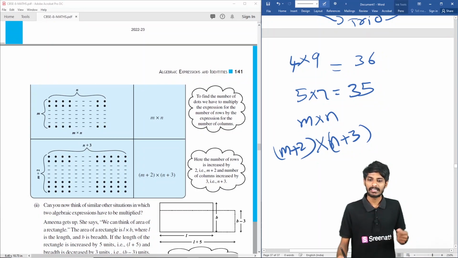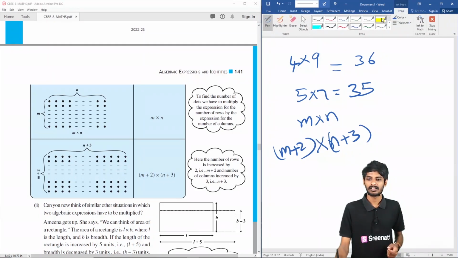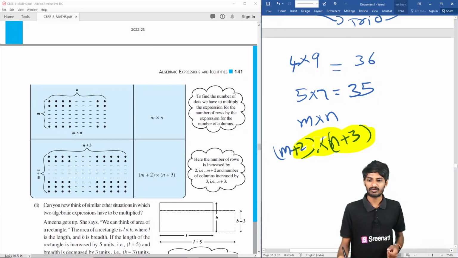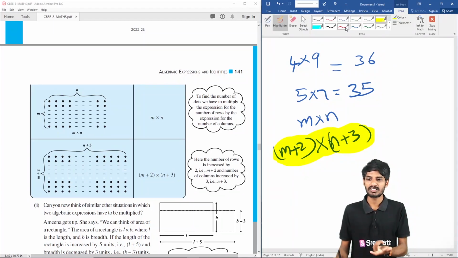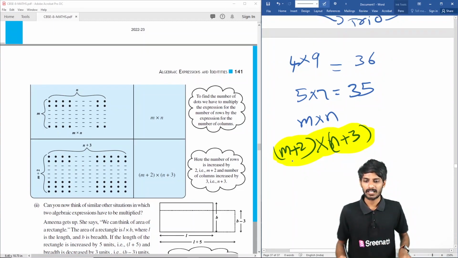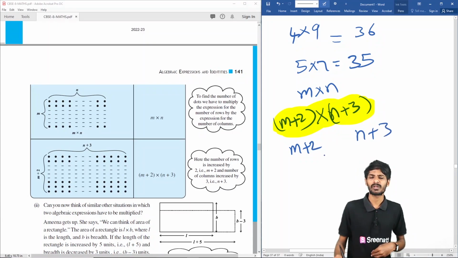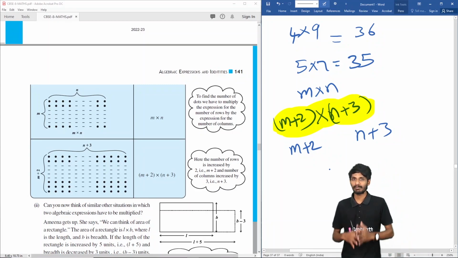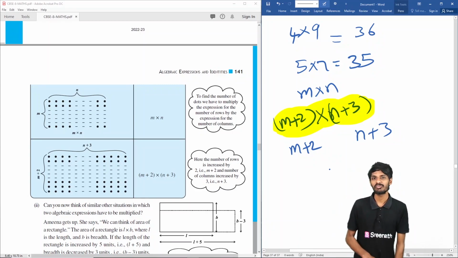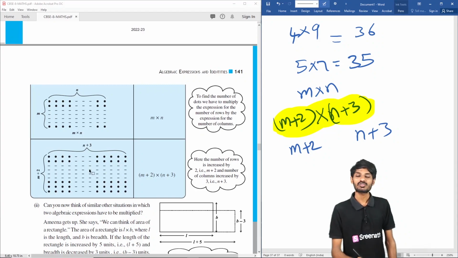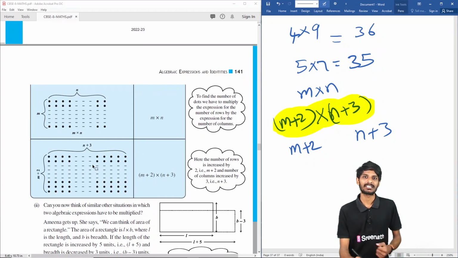So if you observe this, it is nothing but the multiplication of algebraic expressions. m plus 2 is an algebraic expression and n plus 3 is also an algebraic expression. Those two expressions have to be multiplied, and only then will we get the number of dots. So this is the usage of multiplying algebraic expressions, and this is the usage of learning algebraic expressions, friends.